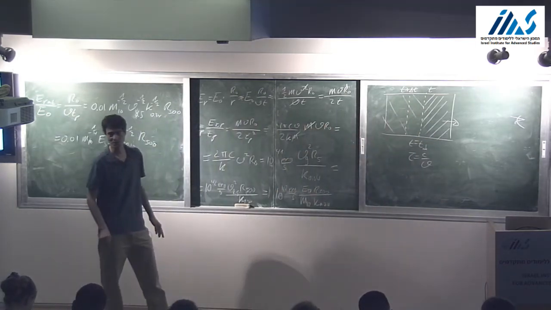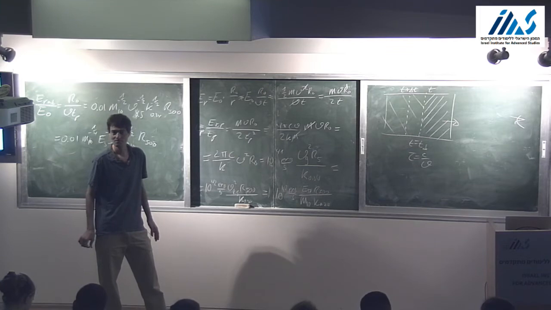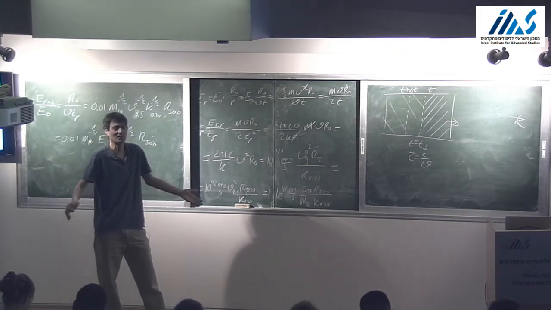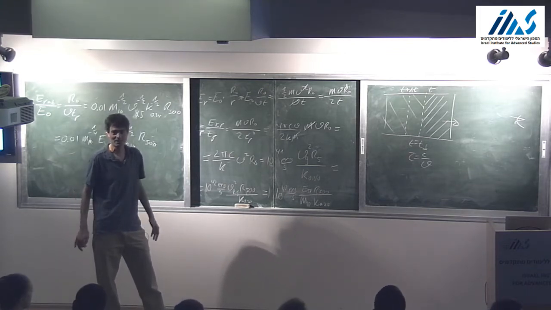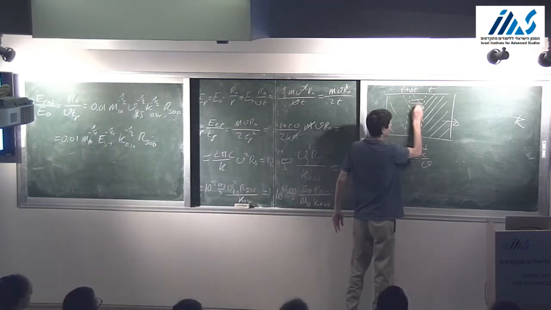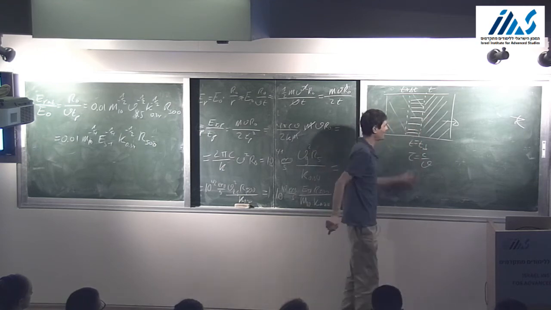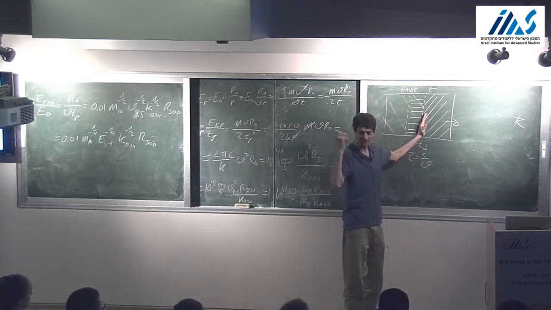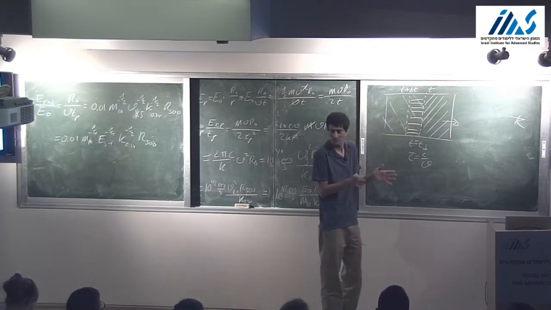So what will be my luminosity? Where is the energy which is released to the observer over the time delta t? This is what I have here. Everything that was here already went to the observer. Whatever I have here is still trapped.